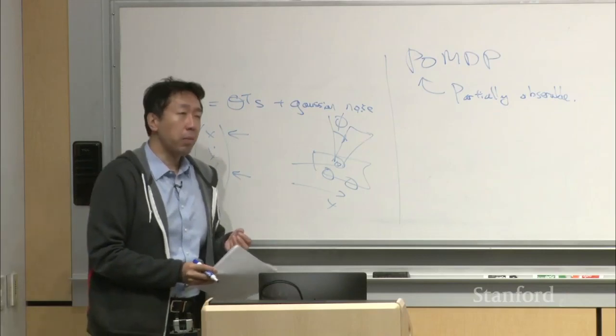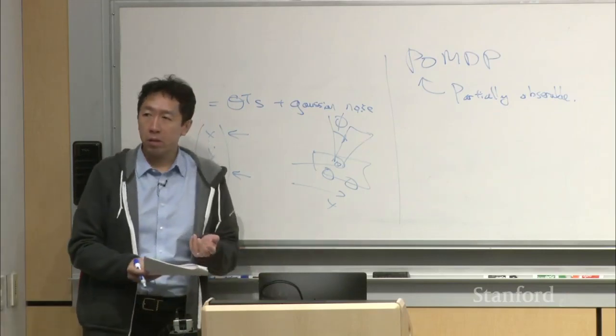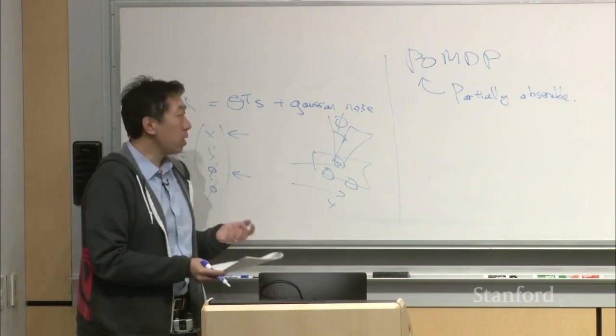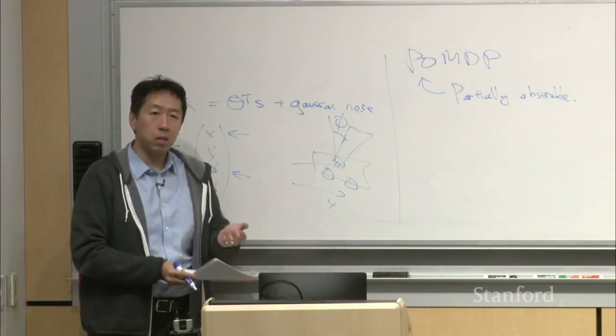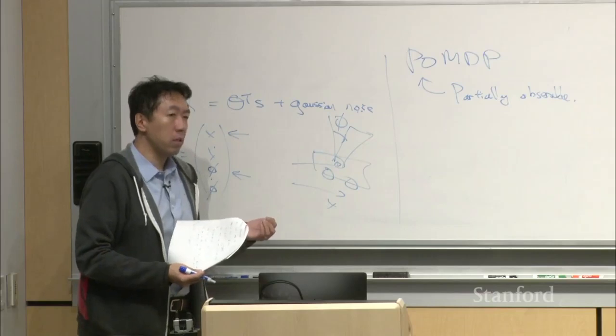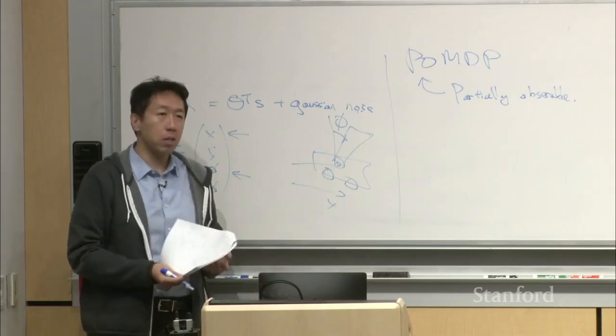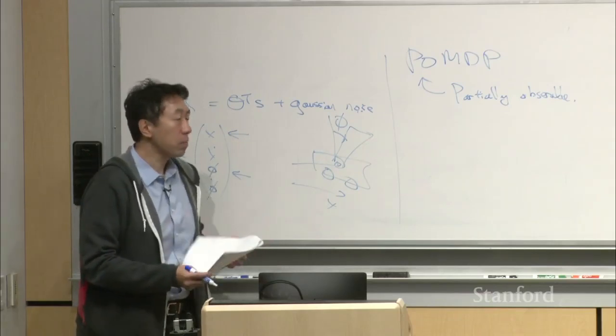So this is an example of a partially observable Markov decision process, and what this means is that on every step, you do not get to see the whole state because you don't have enough sensors to tell you exactly what is the state of the entire system. Okay?